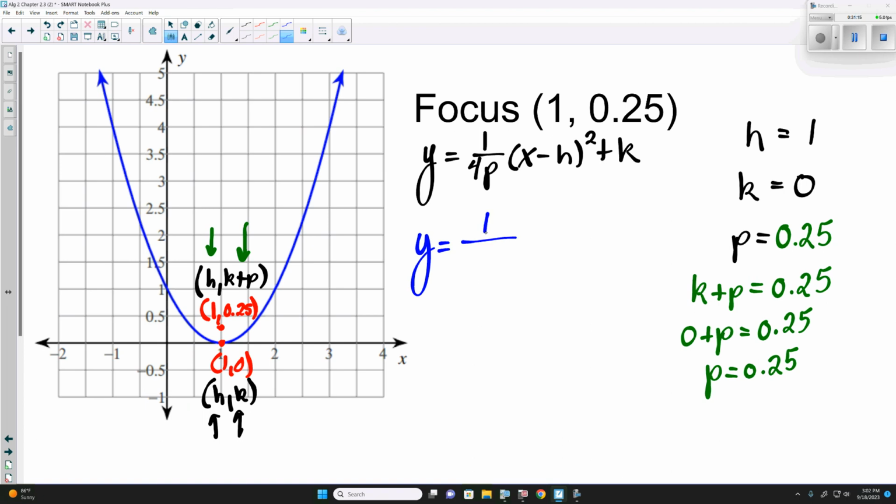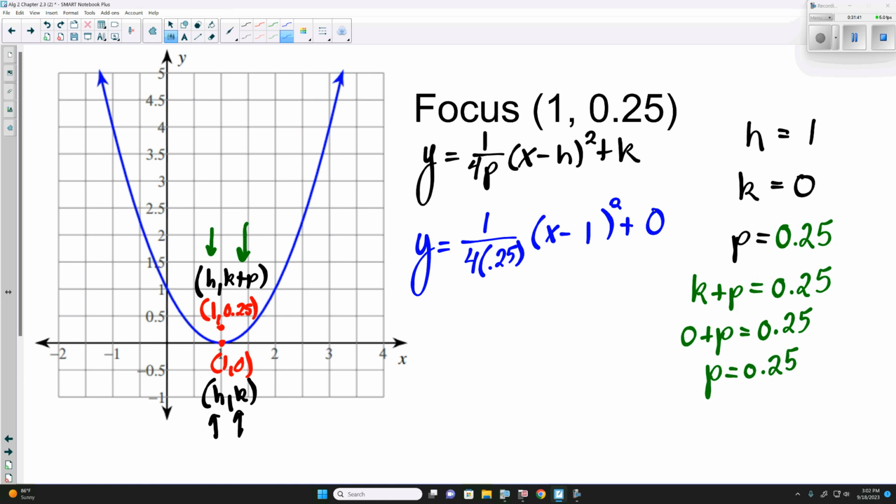Now we just need to plug it in, because again, we're relating the general information to the equation that we have. And once we find that, we can plug it back in. Now, we plug in the value of p, 0.25, which just gives us 1 over 4 times 0.25, plus 0.